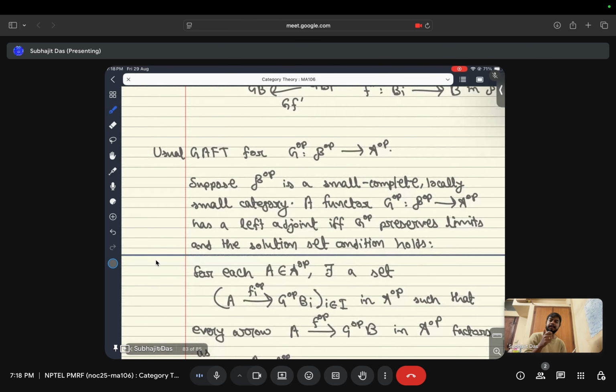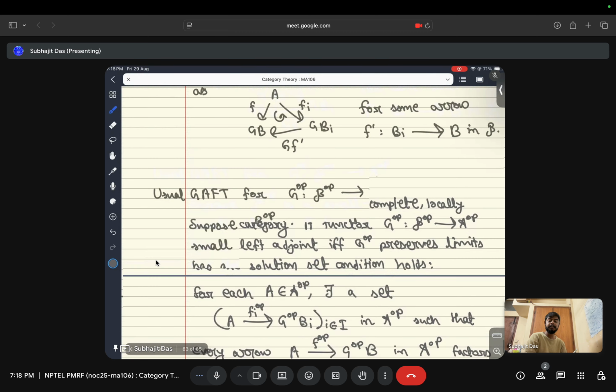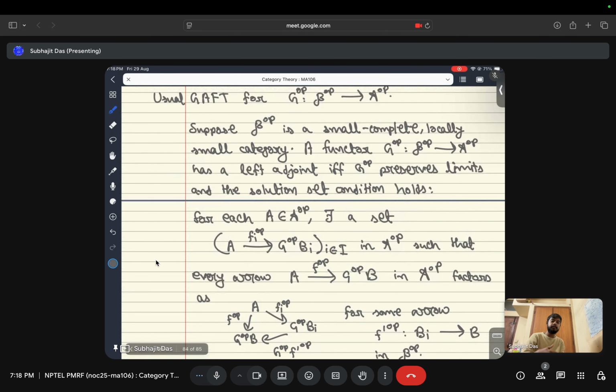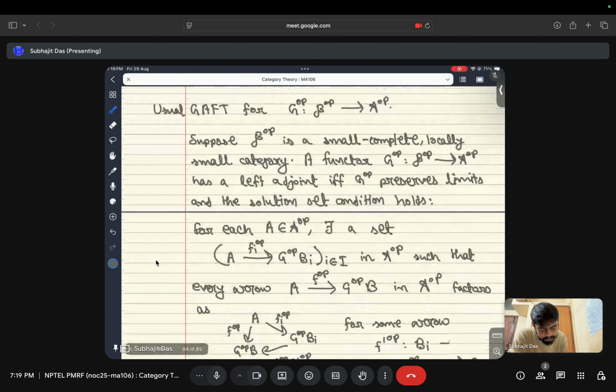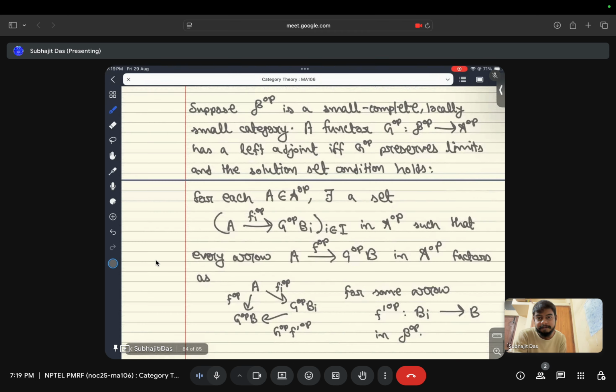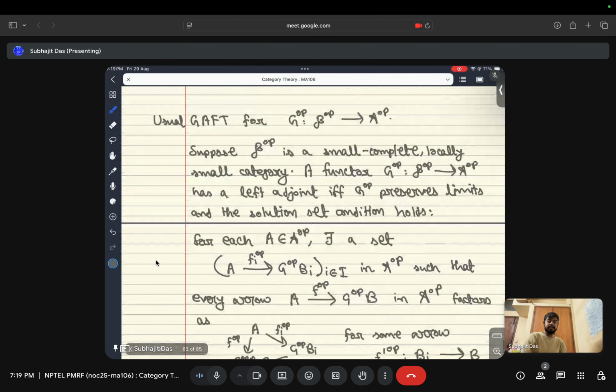For every category theoretic concept which pertains to the category B op or A op, we should come up with the dual concept which pertains to the category B or A. So dualization should be this now, that just translates this statement into the language of B. So suppose B op is small complete, okay?